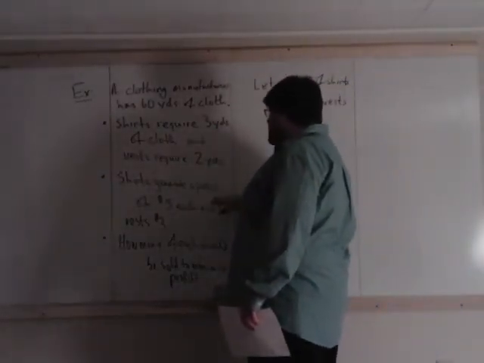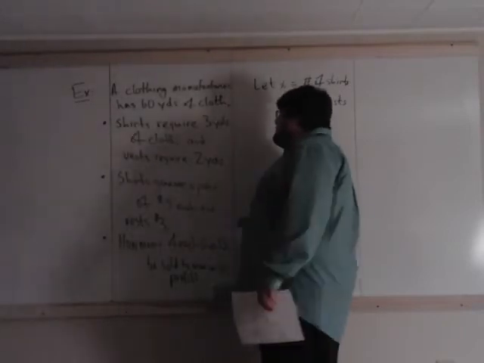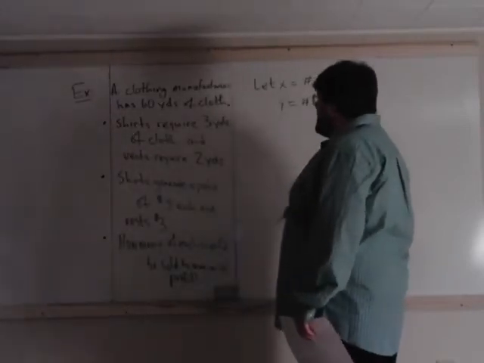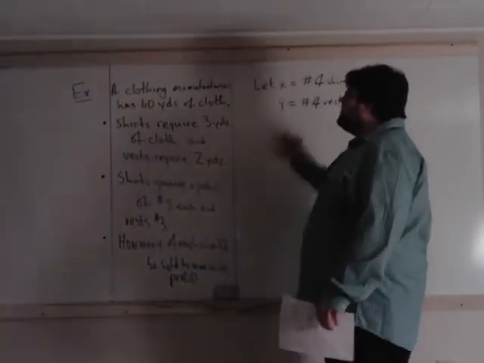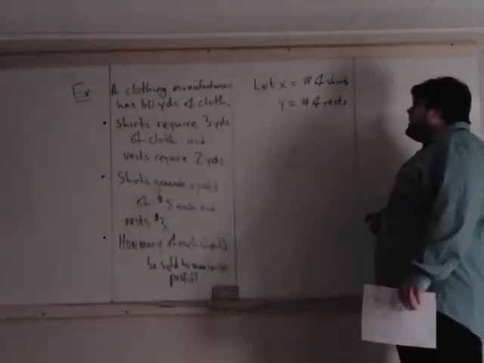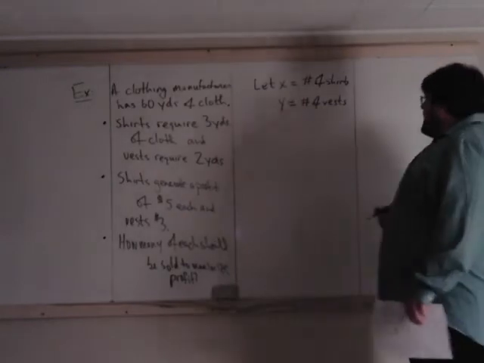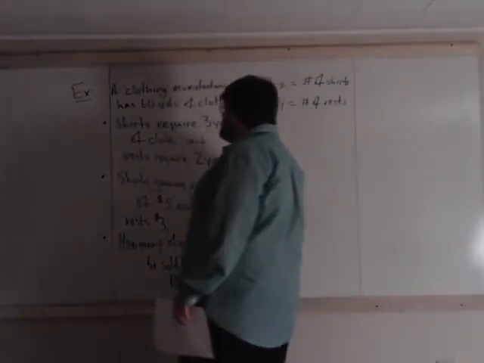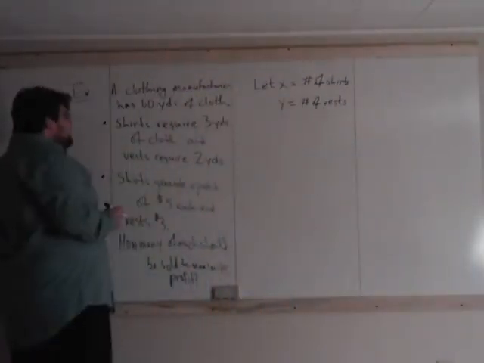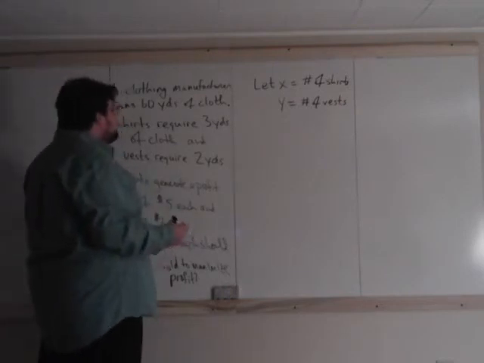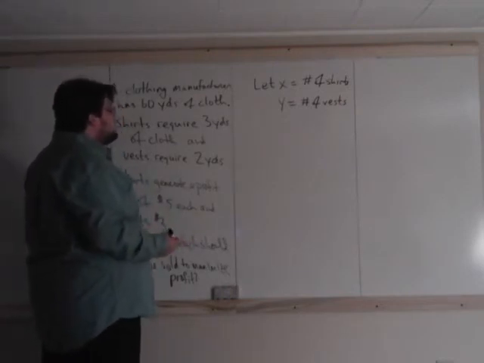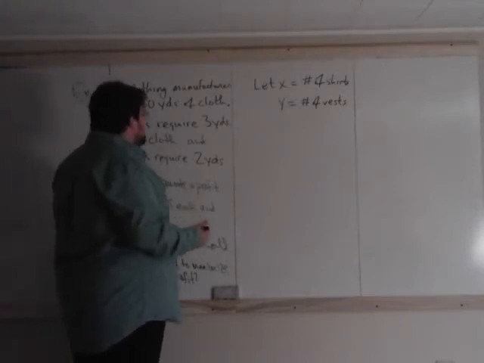Maybe I should have written the profit sentence first. Actually, let's not do the profit first. Let's deal with the cloth first, since that's how I wrote the question. So if X is the number of shirts, and shirts require 3 yards of cloth, well, then 3 times X tells you how many yards of cloth are devoted to shirts.